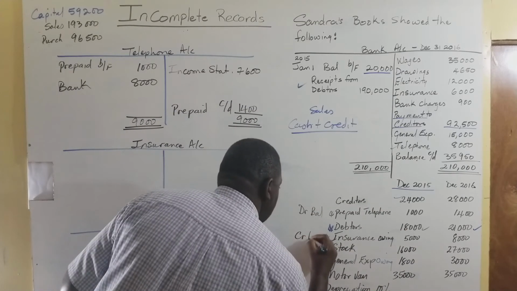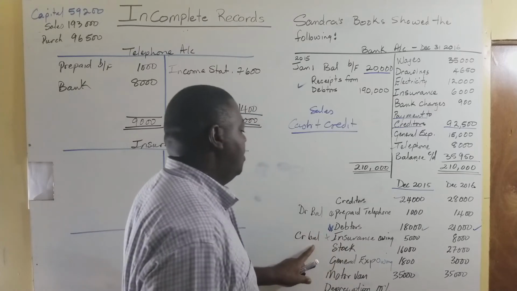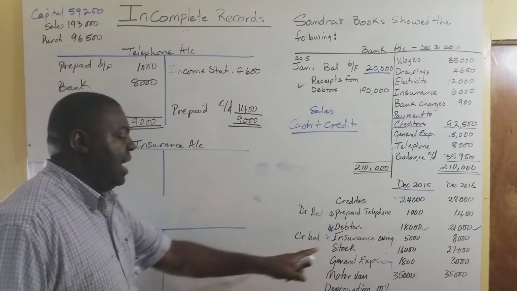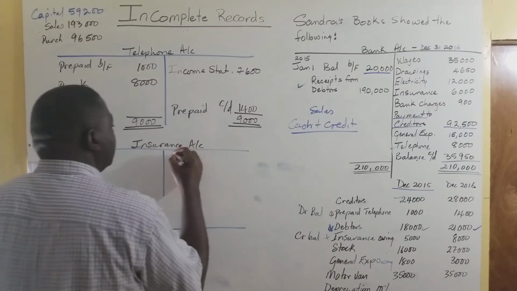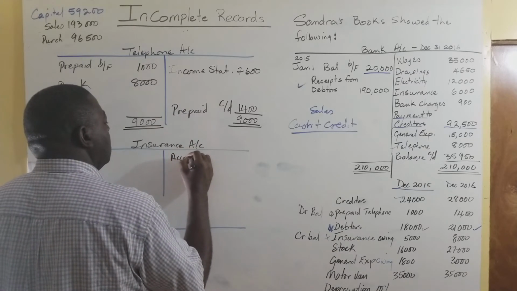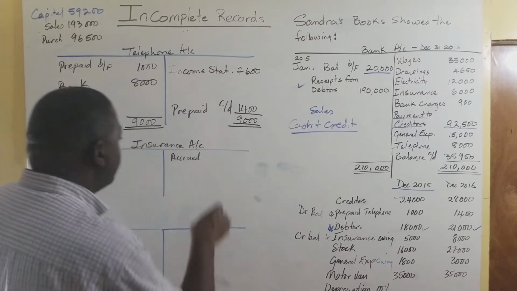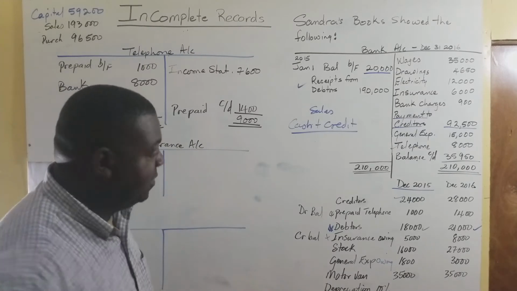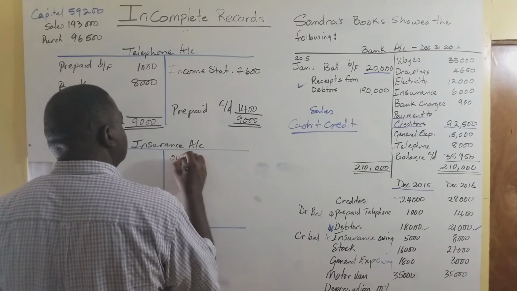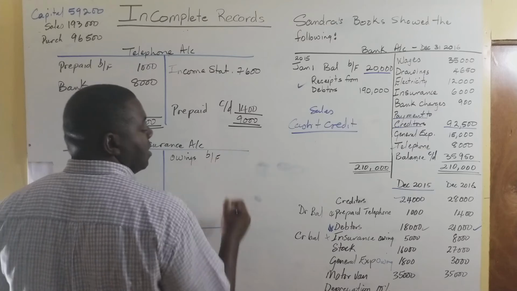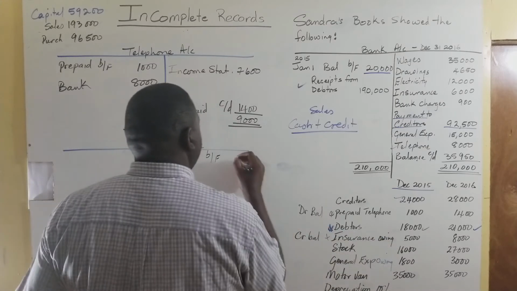Credit balance. So the opening figure must be on the credit side, the opening owing. So we go there. Accrued, or let's use the same wording as given, owing. So we write owings brought forward. And that is 5,000.